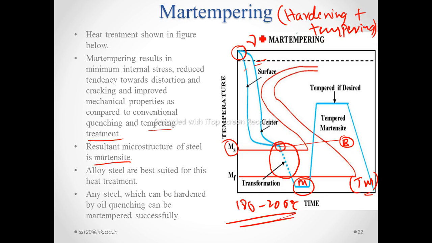It is also cost effective to get a martensitic structure. That's why most people use this process, but it is a very crucial process where we need to maintain the cooling rate.